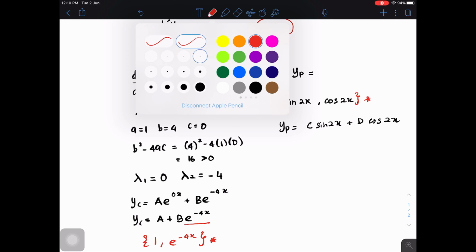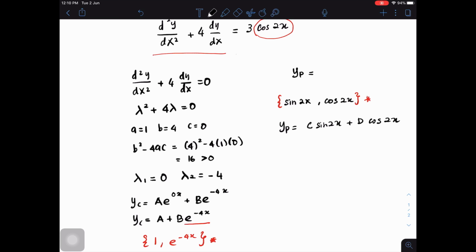So you will continue to do the same thing as before, where you need to find your yp prime. So your yp prime will be, differentiate sine, you will get cos, so you will have 2c cos 2x plus 2d, minus 2d sine 2x.